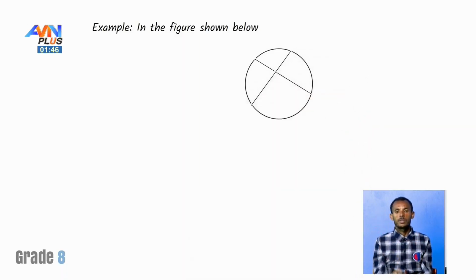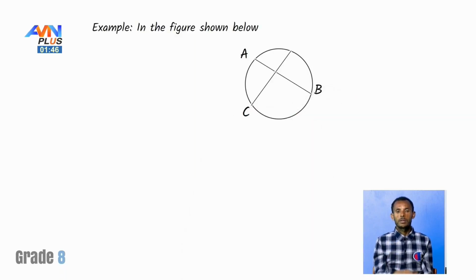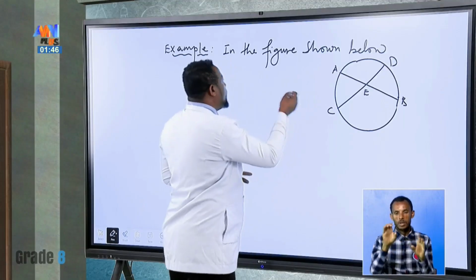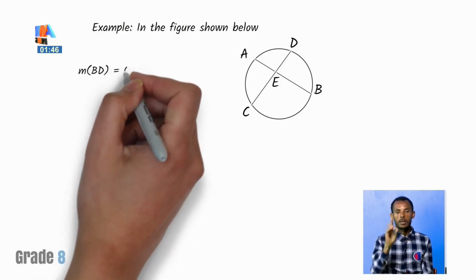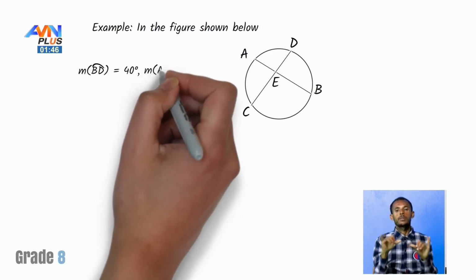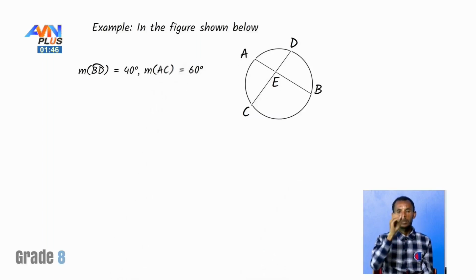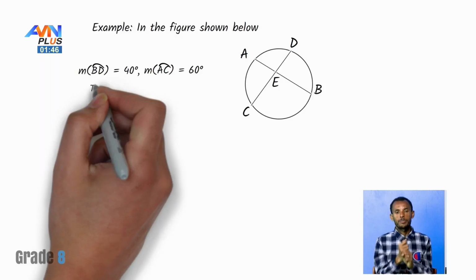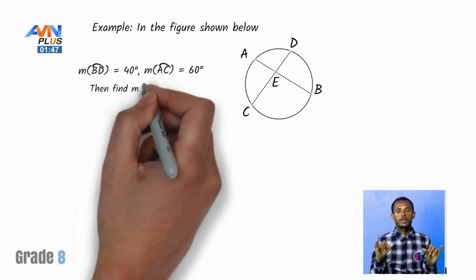Say this is A, B, C, D, and the point of intersection of these two chords is E. Given that the measure of arc BD is 40 degrees, and the measure of arc AC is say 60 degrees, then find the measure of angle DEB.